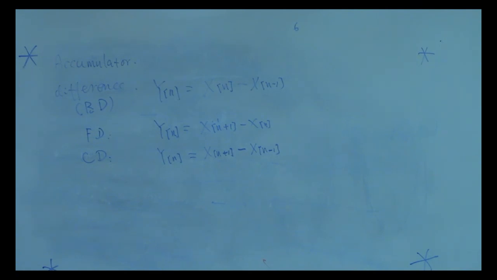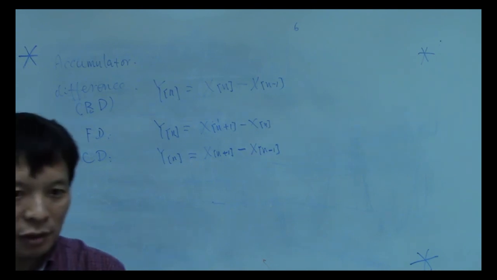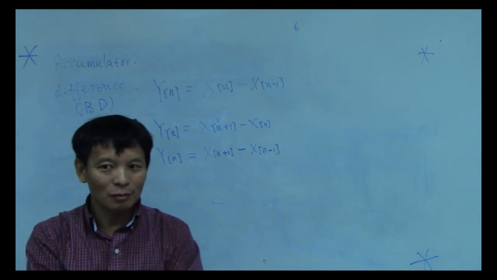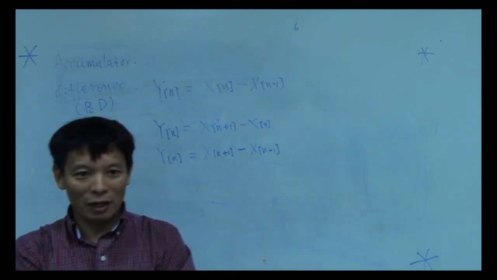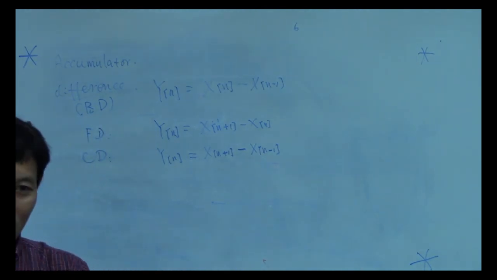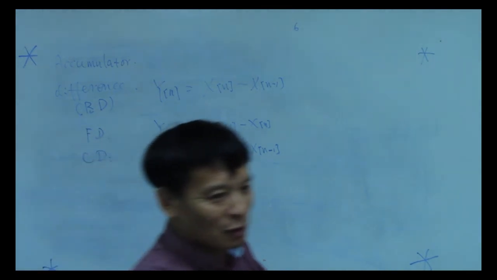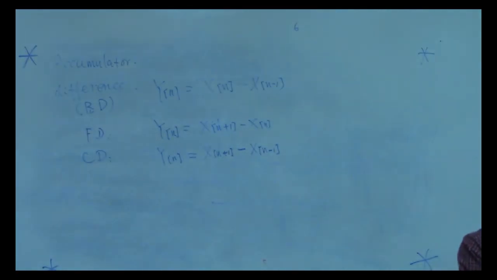So what we do here is, I don't want to teach a lot of things here because it's very similar to this one. Instead, I want you to study by yourself. What we want is that you learn something, not that I tell you something. If I tell you something and you still cannot understand, then that's nothing.